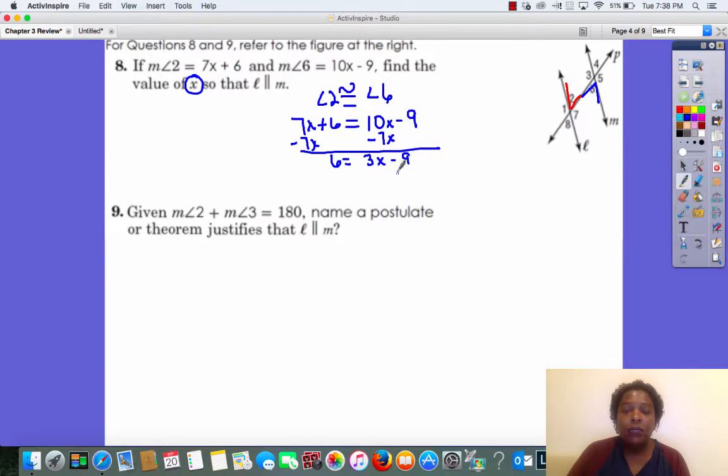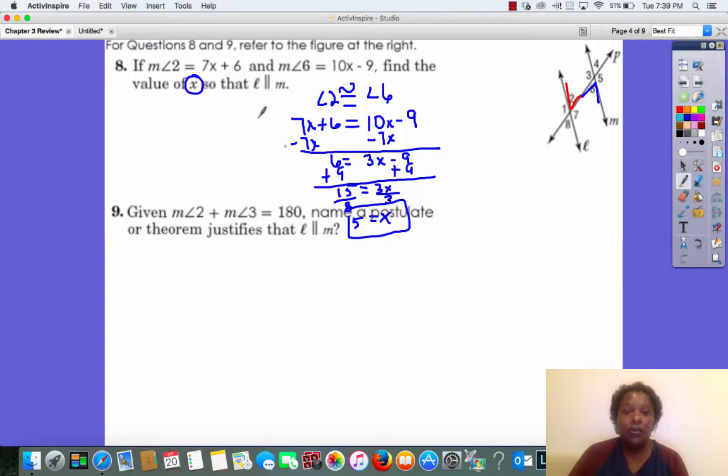Now I need to move this negative 9, so the opposite is positive 9. Bring down what's left. I need x single, so I'm going to divide both sides by 3. So my x is equal to 5.